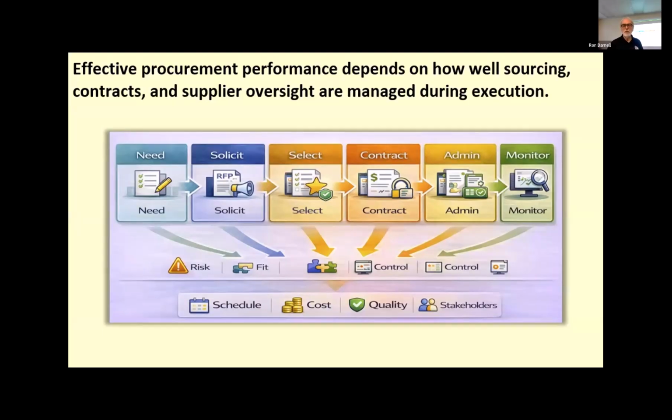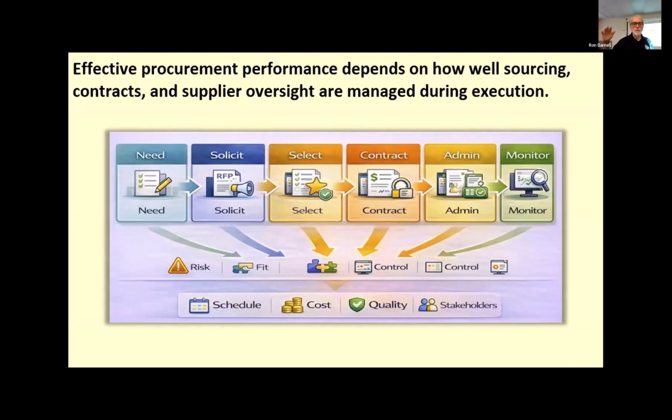The lesson is that procurement is not a single purchasing activity or event. It's a connected management process that begins with defining internal and external needs, and continues through sourcing, contract formation, contract administration, and supplier performance oversight. So this is why the procurement decision has moved through all these stages.